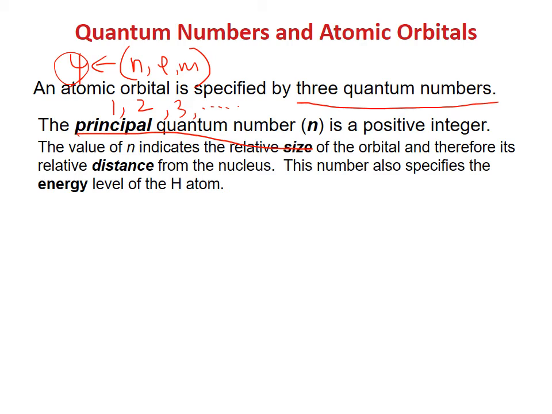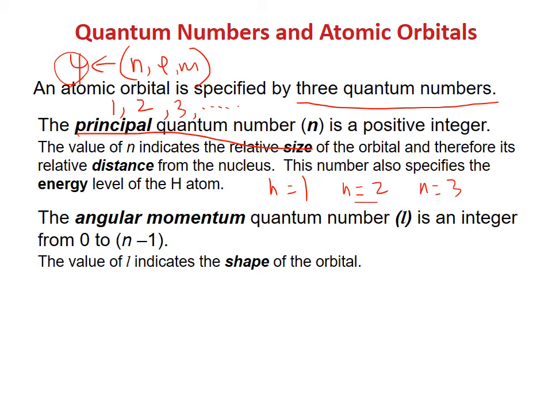For example, when n equals 1, the most probable distance is smaller than when n equals 2, so it's relatively closer. The most probable distance for n equals 2 is smaller than that when n equals 3.